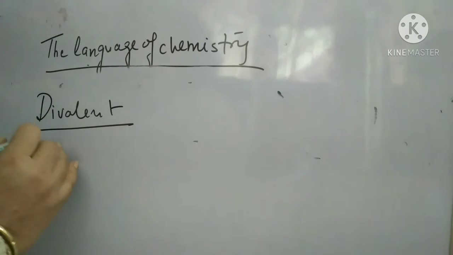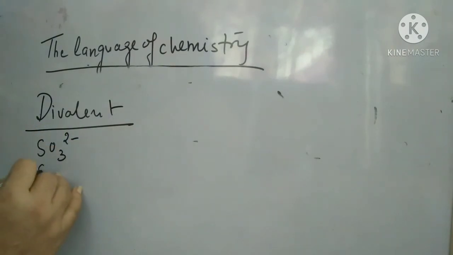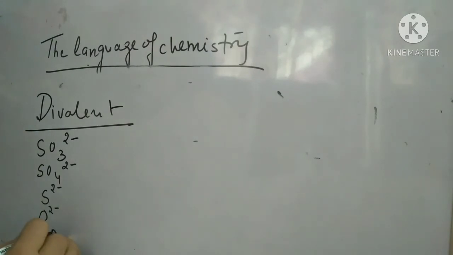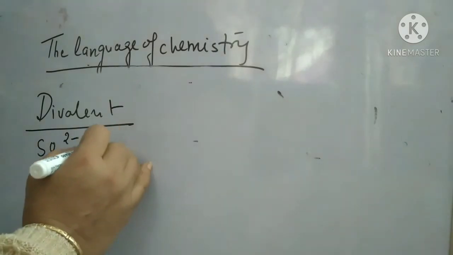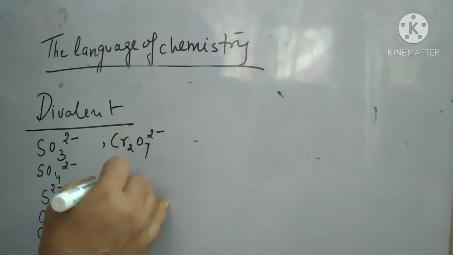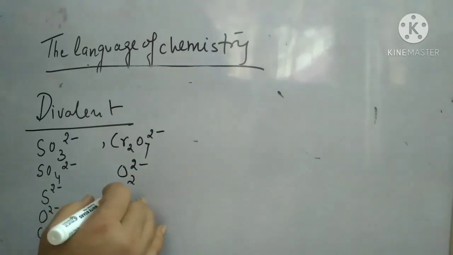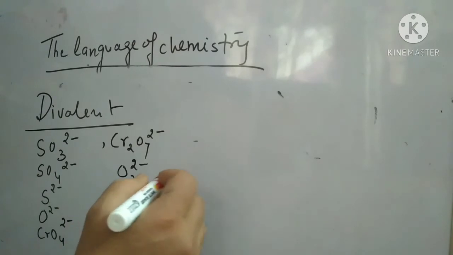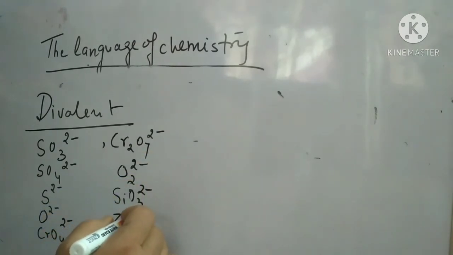Now if I say sulfite SO3 having 2 minus valency, SO4 2 minus, sulfide S2 minus, oxide O2 minus, chromate CrO4 2 minus, dichromate Cr2O7 2 minus, peroxide O2 2 minus, silicate SiO3 2 minus, zincate ZnO2 2 minus, plumbite PbO2 2 minus.